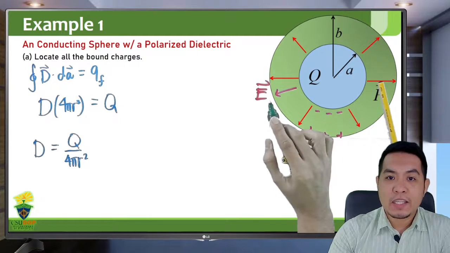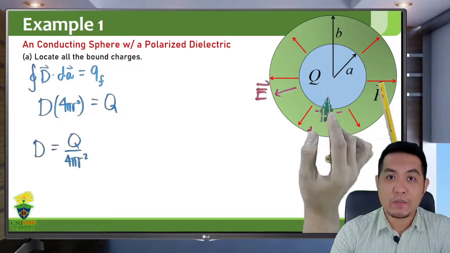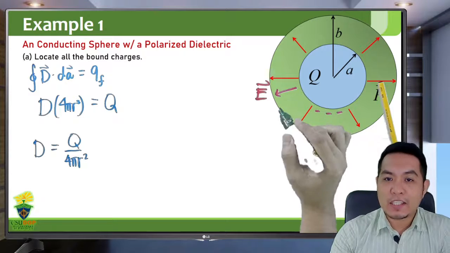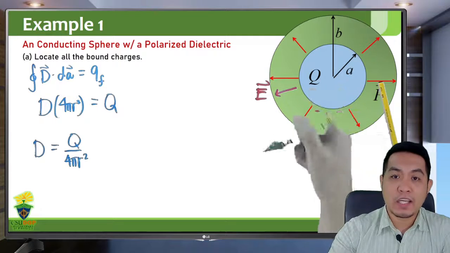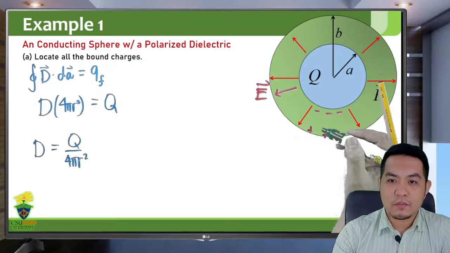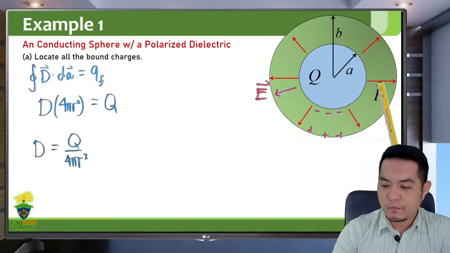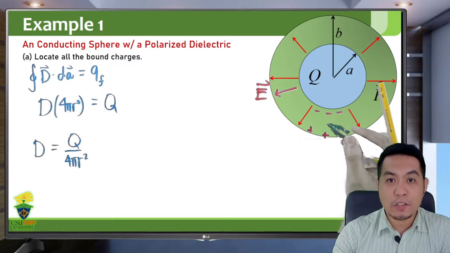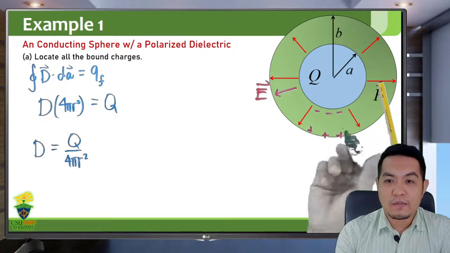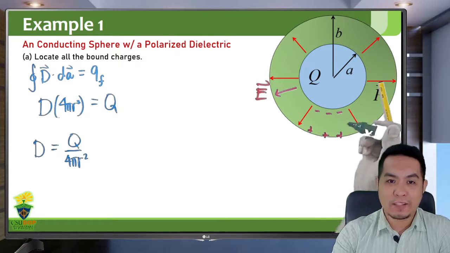But still, the electric field due to the conducting sphere is stronger, so the electric field in the dielectric region will still be radially outward. The electric field due to the bound charges is not sufficient to reverse the direction of the electric field.